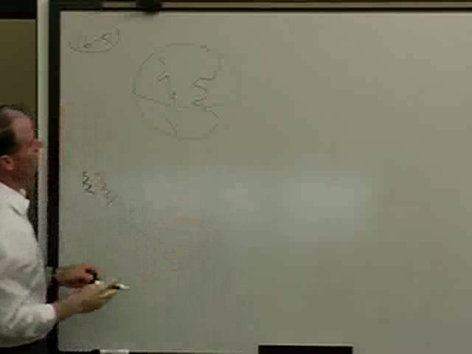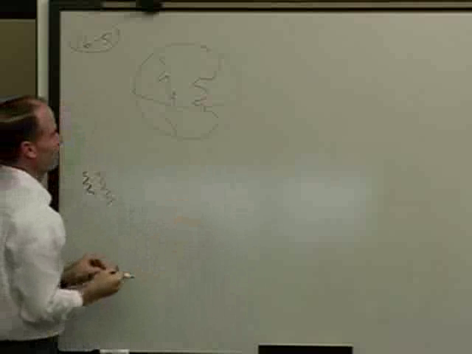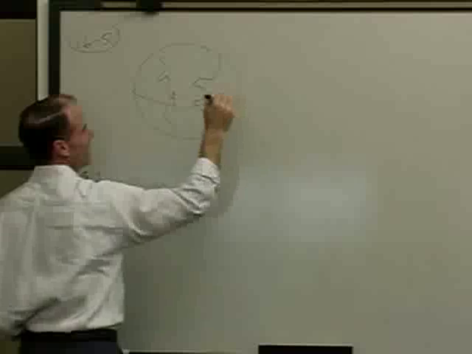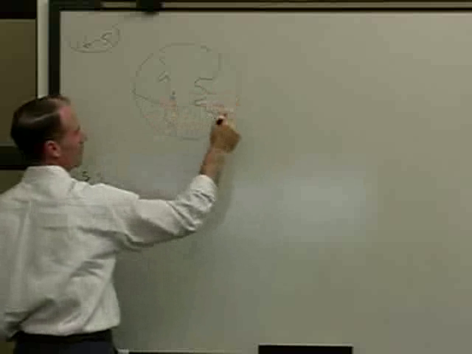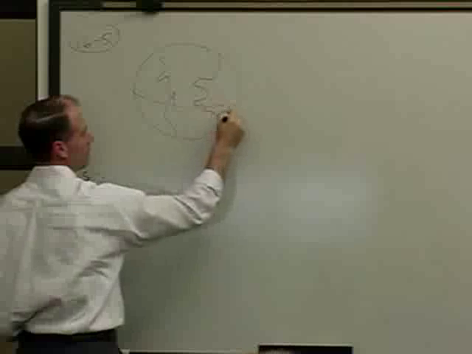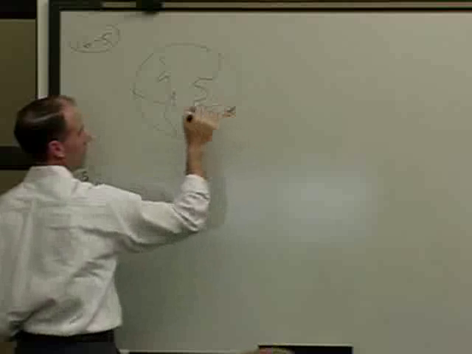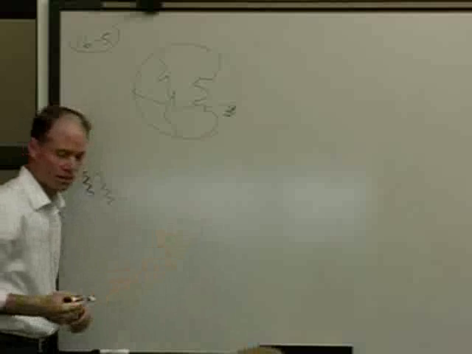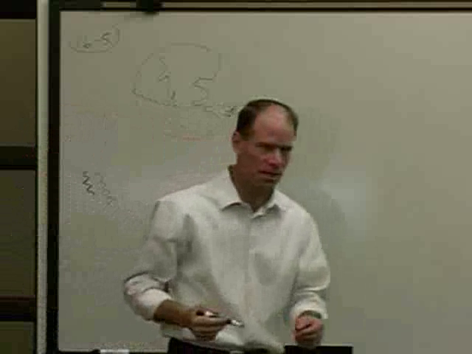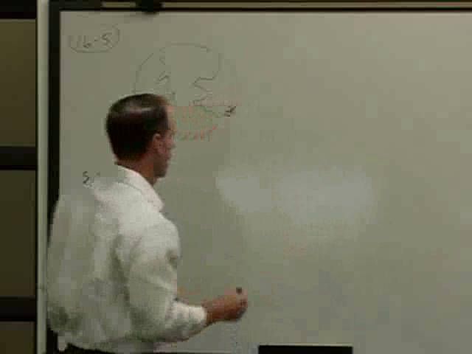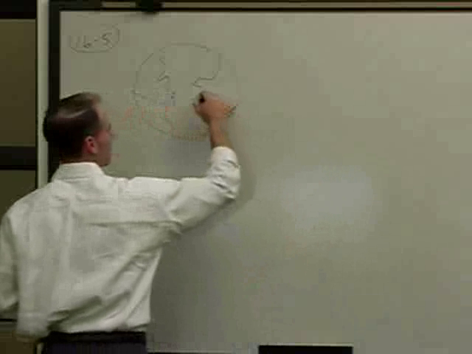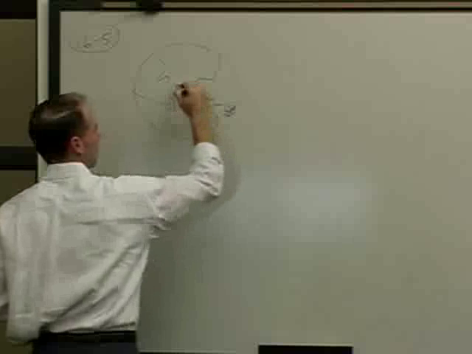Here's a theoretical Earth, and somewhere there's an earthquake. The earthquake basically produces two waves. There's a transverse wave that travels kind of like this, and that's the S wave.